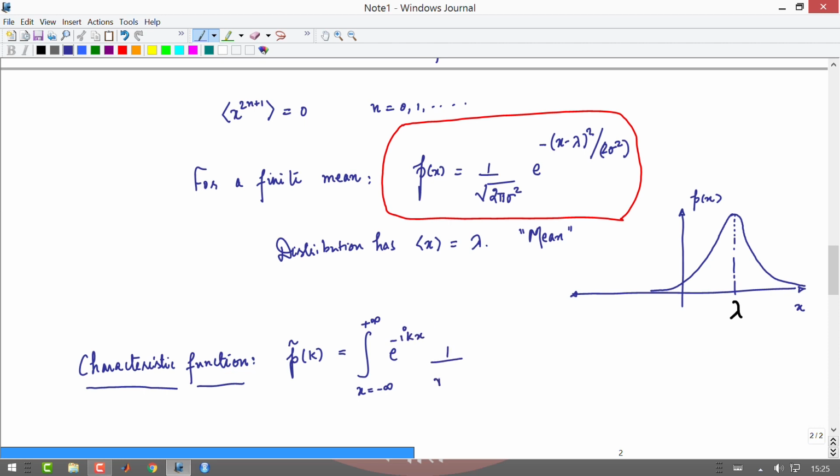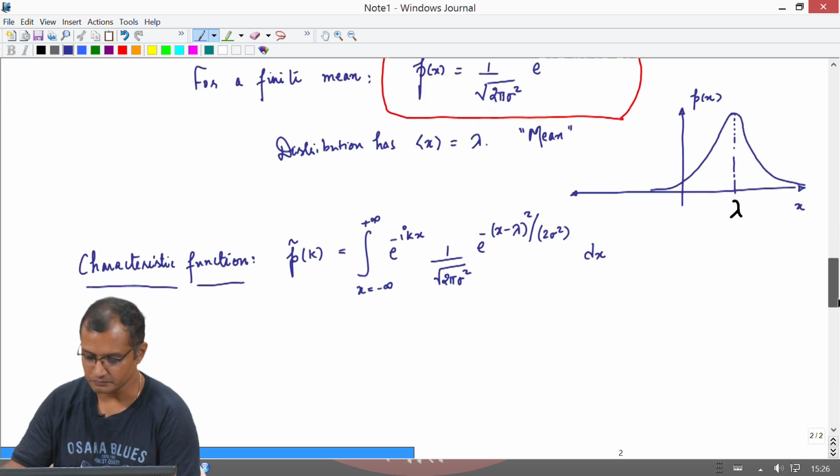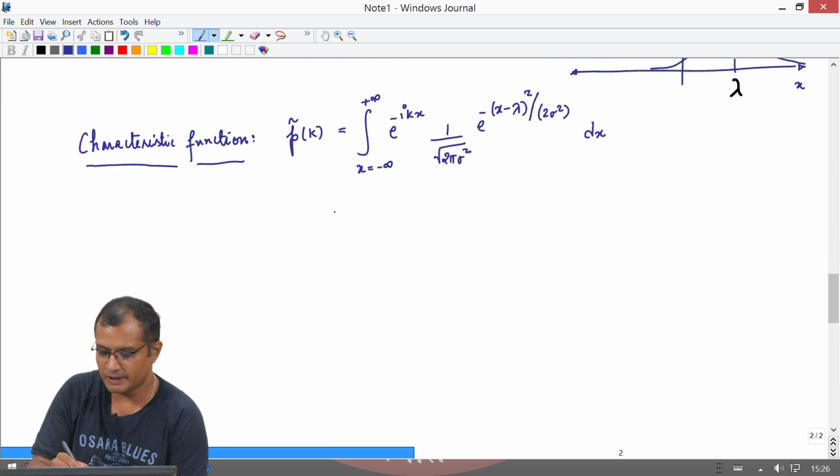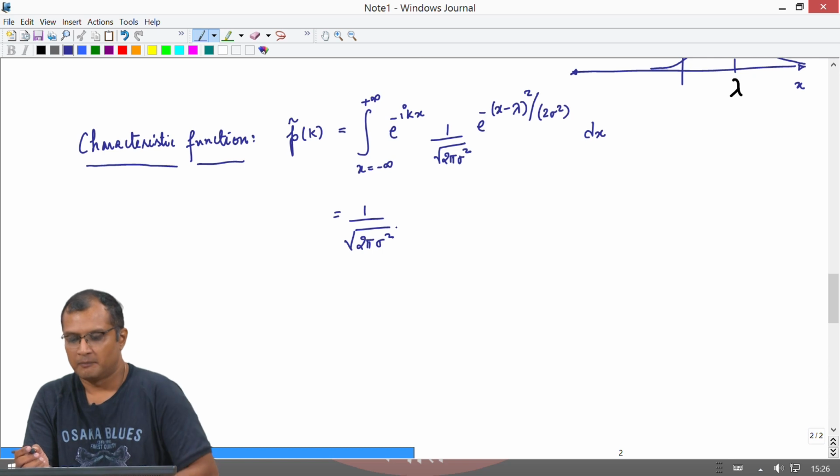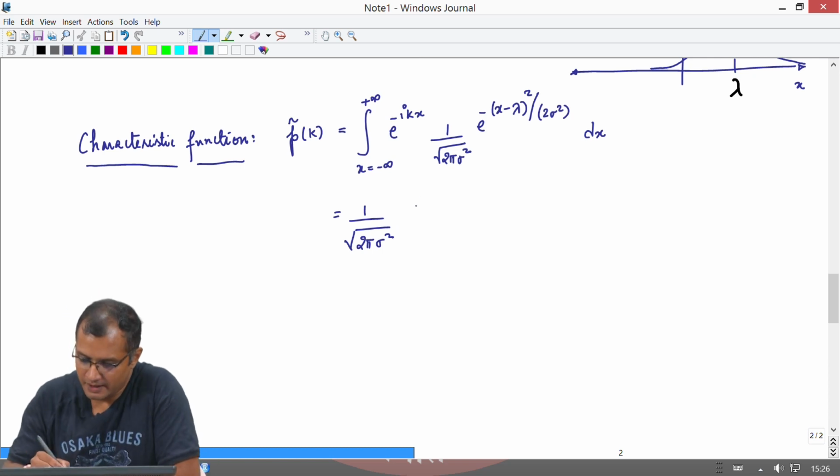So, I will write down the Gaussian distribution here. Okay. And you can pull out the constant prefactor and rearrange the terms inside.